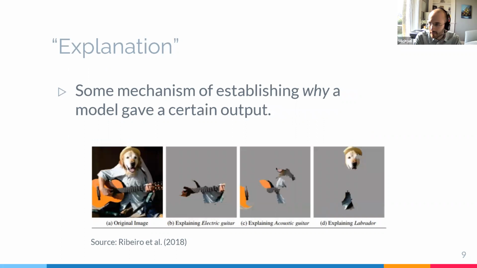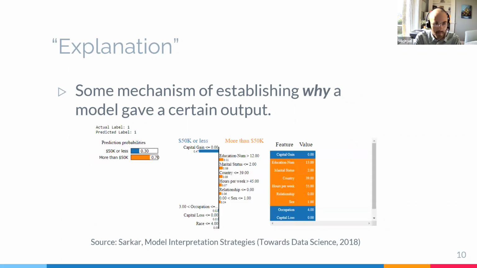And by explanation, in the broadest sense, we just mean some mechanism of establishing why a model gave a certain output. And we often see images like this in explainable AI papers, where we can see that certain pixels are identified as being more salient to particular classifications, and we could also do that for nominal data too. We don't see this kind of thing quite as much in the literature, perhaps because they don't look quite as immediately interesting.